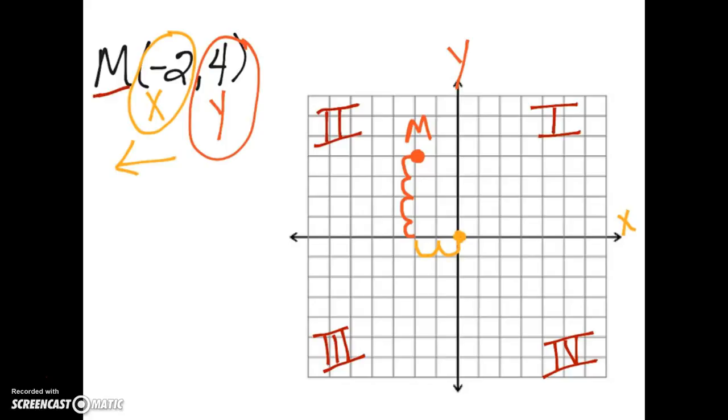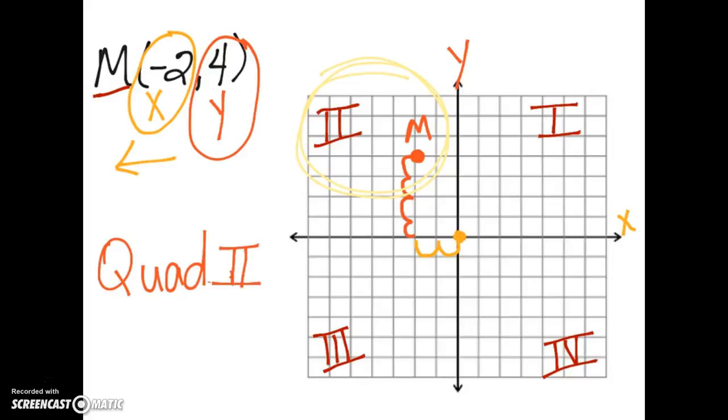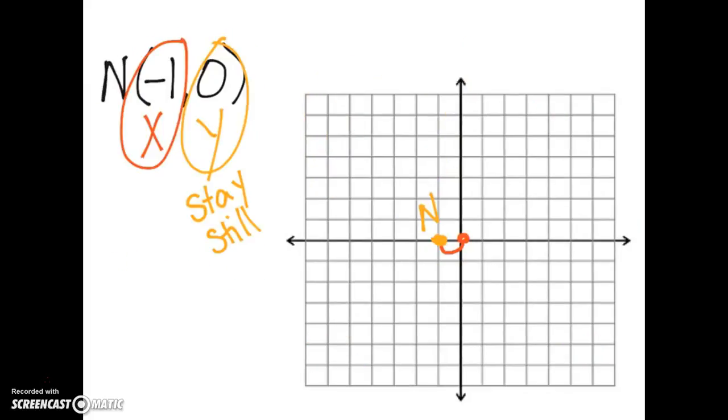And so M is in this top left quadrant. And so that is quadrant 2. So we would come over here and we would write out that point M is in quadrant 2. Good job. Now let's keep going.